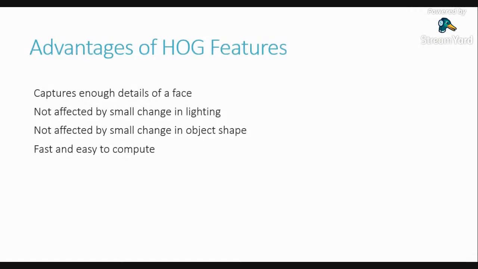If there is a large number of variations in the face, for example if the face is rotated or occluded, these features may not perform well. But we will build a system from these HOG features and see whether we can perform face detection or not.